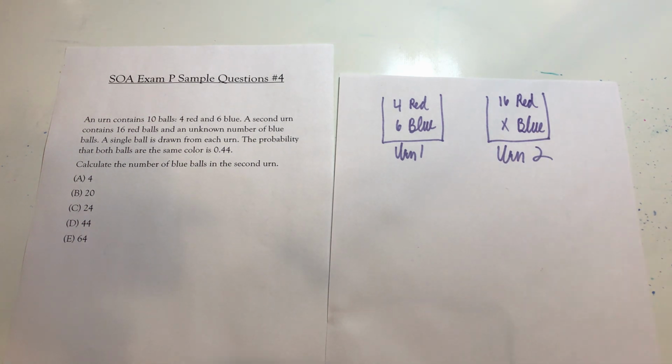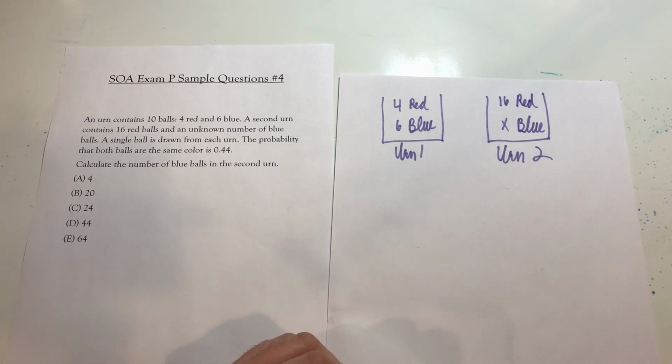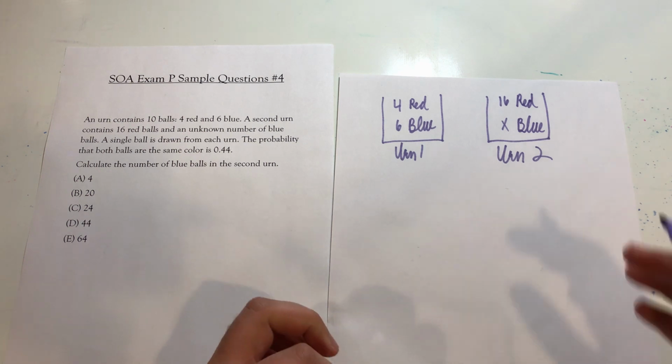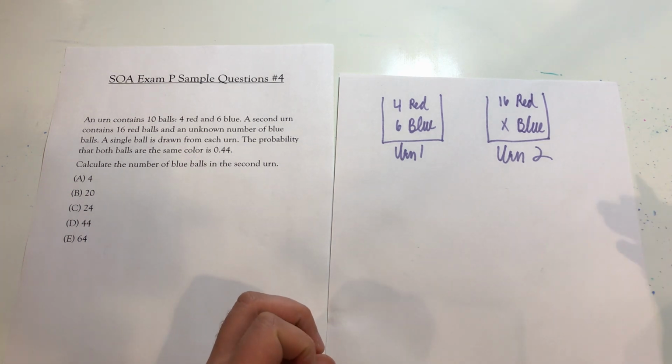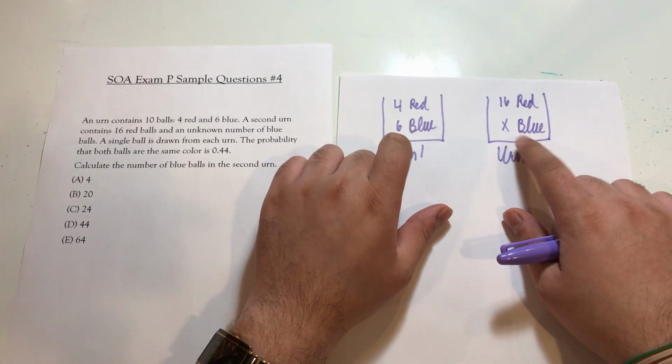Based on what they give us, it would probably be a good thing to know how we would even figure out the probability that both balls drawn are the same color. Well, we have a few different options. Either both are drawn to be red or both are drawn to be blue.